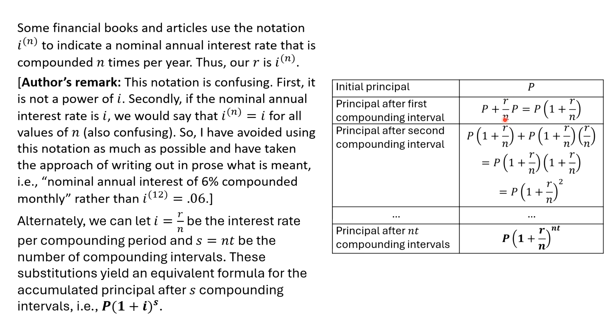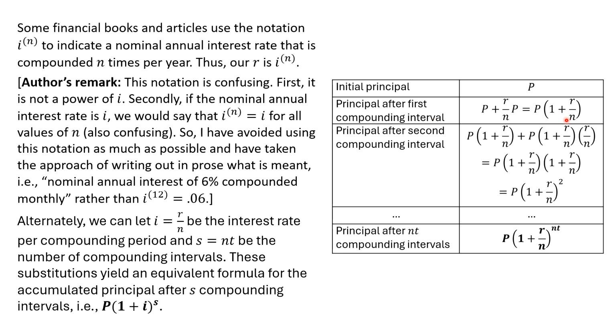So it's R divided by N. So in other words, if you had 6% interest and compounded once per month, then you would divide 0.06 by 12 and multiply that times your principal, and that would give you the amount of money you had at the end of the first compounding interval.